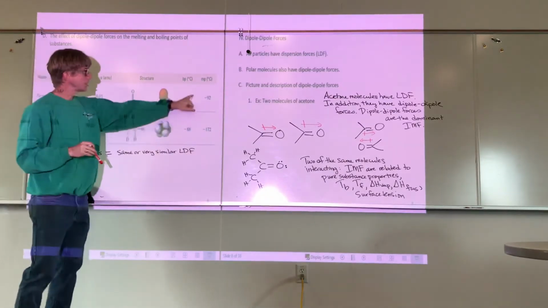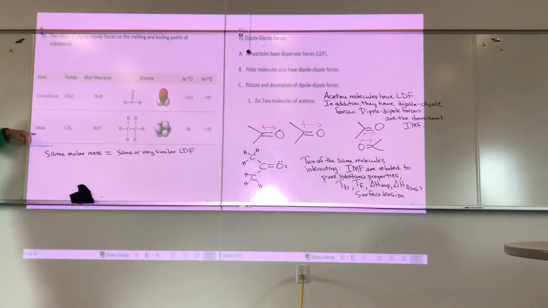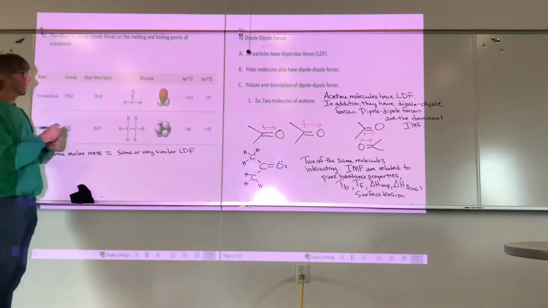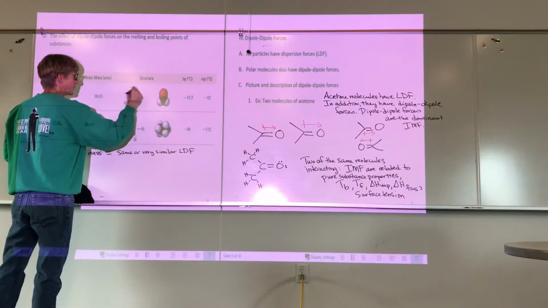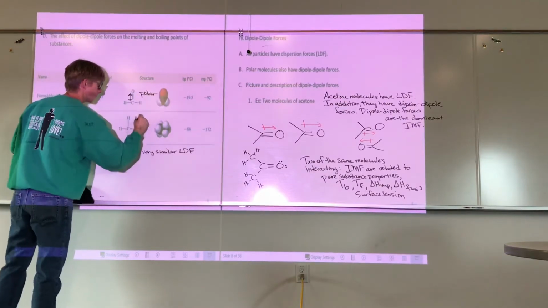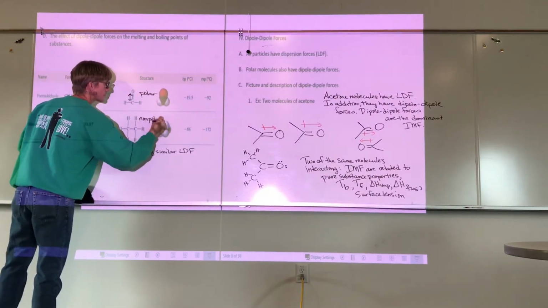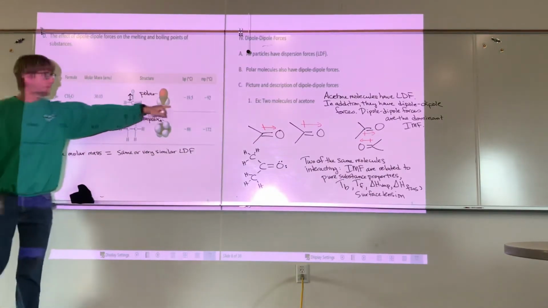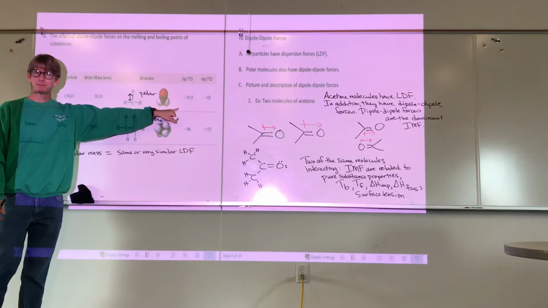And then we look at the boiling points and the melting points, and we can see that formaldehyde, a substance that has a dipole, has dipole-dipole forces, much larger boiling point.